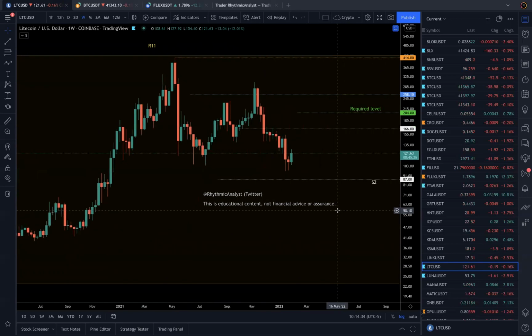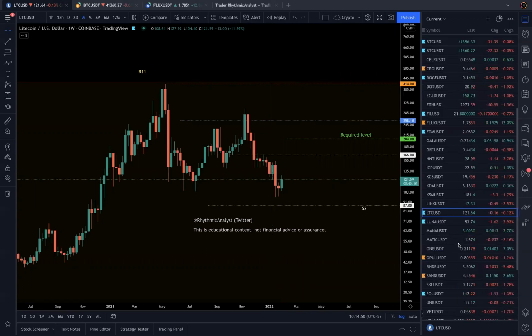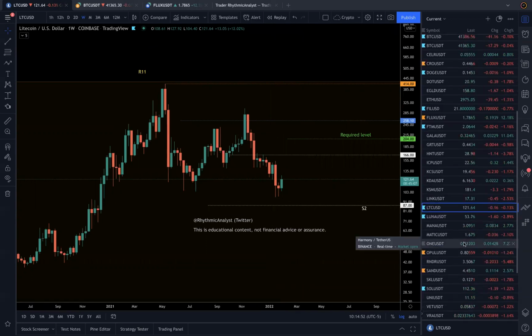LTC. Yeah, what should I say? LTC could do well, but I don't want to say unless I see. It's a strange thing happening with LTC in terms of price action. It has value, but the value is not translated into price. This is strange. Sometimes it's the other way around. Some coins have no value or no proven value, but the price is so high.